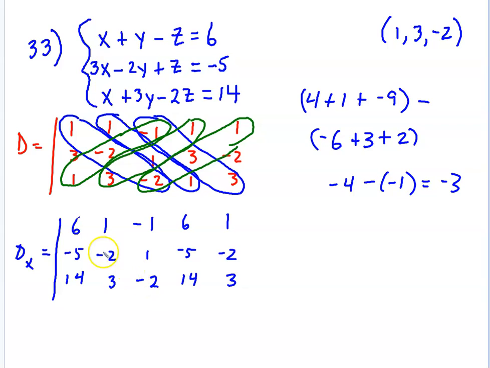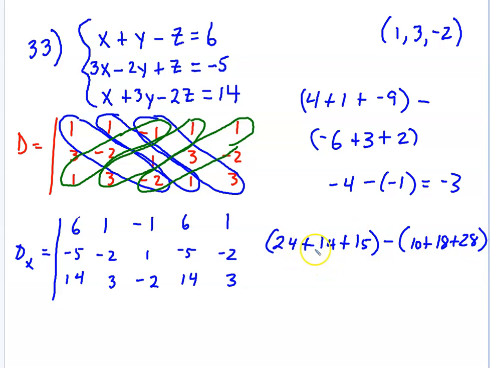All right, so let's see if we can do these diagonals. So multiplying this way, that would be positive 24 plus 14 plus, this would be 15. And we'll be subtracting, going the other way, this would be 10 plus 18 plus, looks like that's going to be 28.